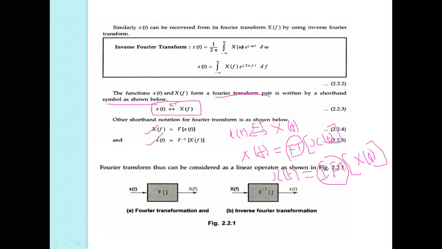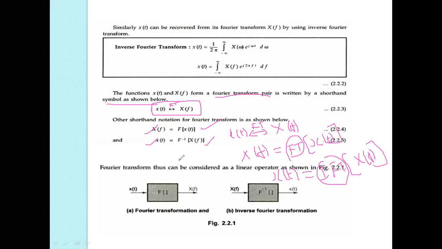This is the shorthand notation of the Fourier transform pairs. These are a pair actually, x of t and X of f, where X of f is equal to the Fourier transform of x of t, and x of t is equal to the inverse Fourier transformation of X of f.